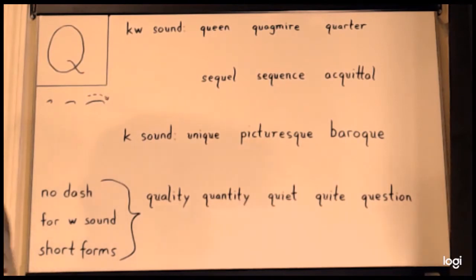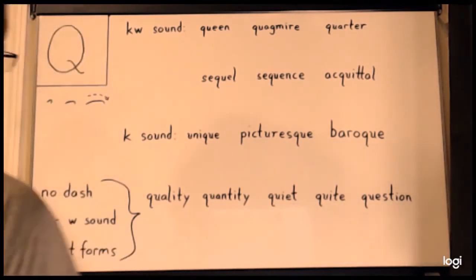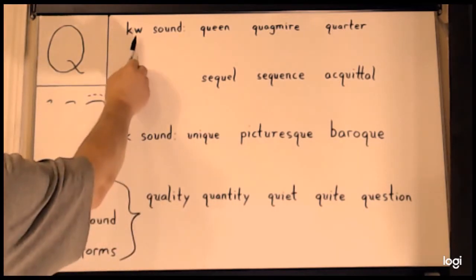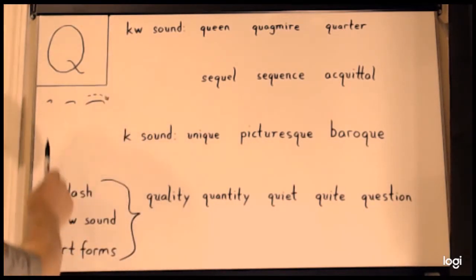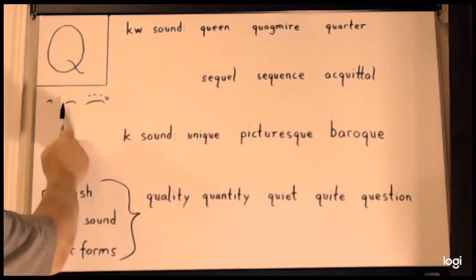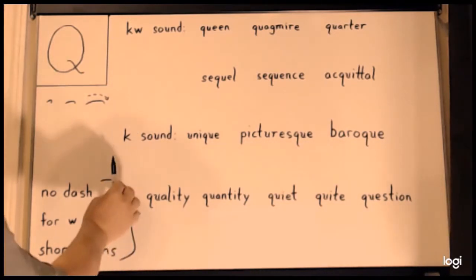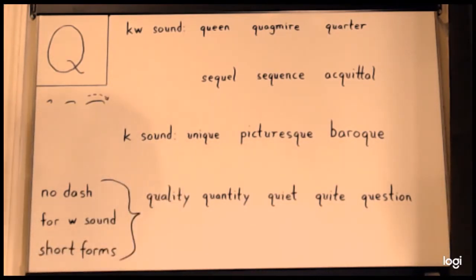Next is the letter Q, which is represented normally by the KW sound using the second or middle medium stroke in this series. There are some instances where it's just a K sound, and also instances where there will be no W represented.